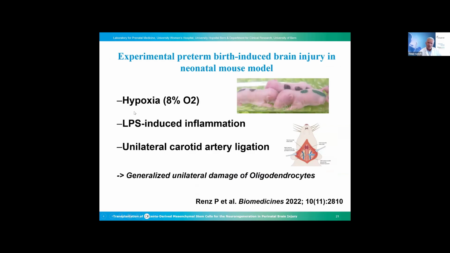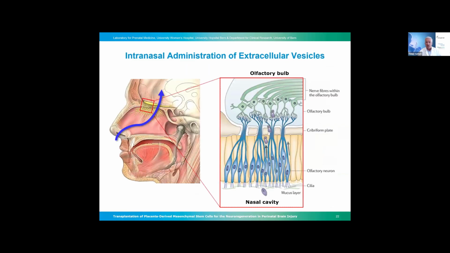And in addition, and this is very important, we also induced inflammation in these pups to really mimic what happens in early preterm birth. And we can show that these measures lead to a generalized unilateral damage of the oligodendrocytes.